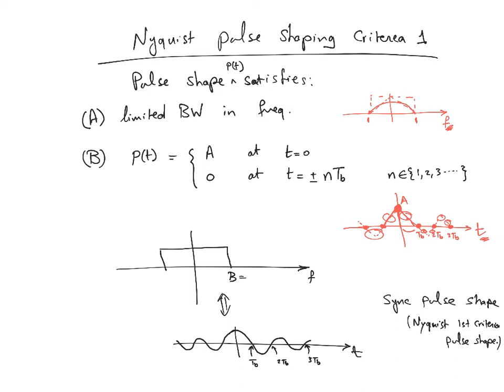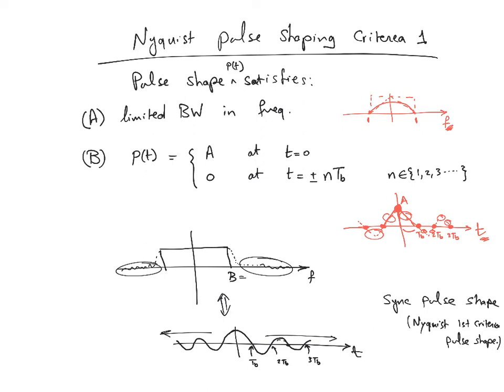Now in actual practical systems, you cannot have something with infinite time extension, because this is not practically possible. So you end up with this stopping at one point, which means that in frequency domain it will have some frequency leakages, but they are very small and negligible, right?